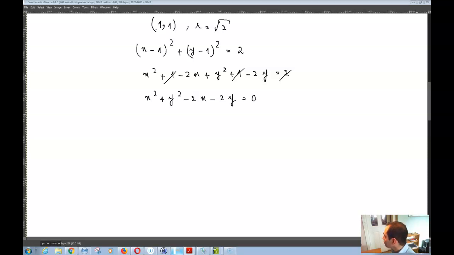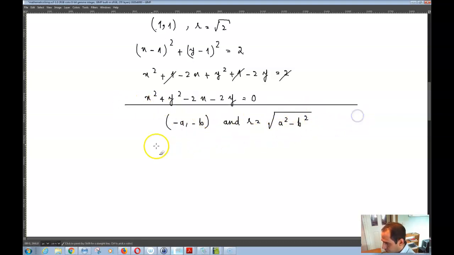And number 5 is, let's suppose that, for example, your center is at negative a comma negative b, and your radius is equal to square root of a squared minus b squared.